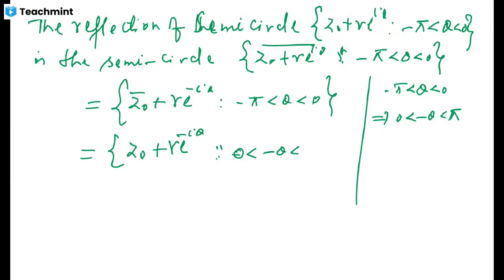Again, let me replace minus theta by theta. It's a variable, no issue. Z naught plus r e^{i theta} such that 0 less than theta less than pi.